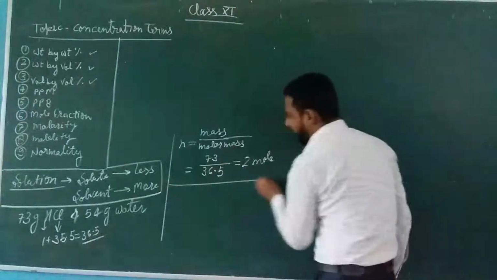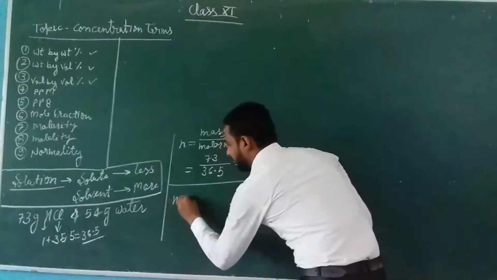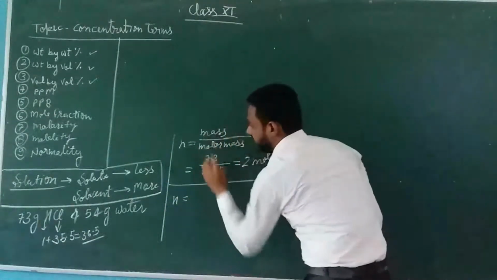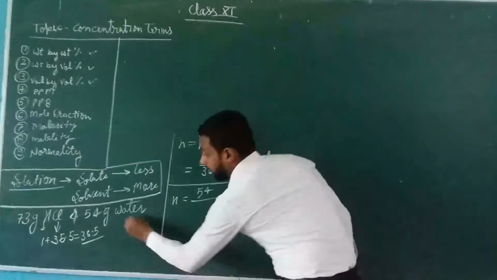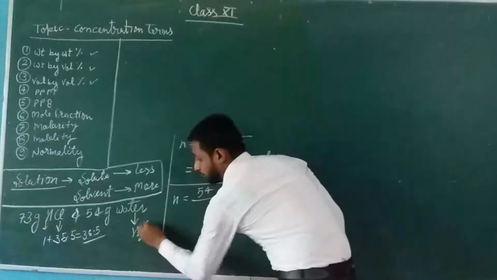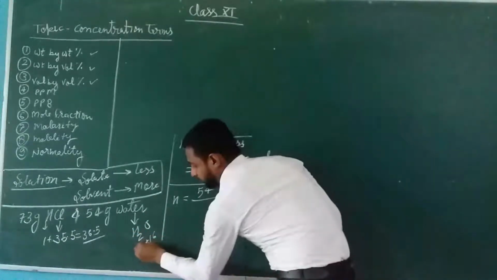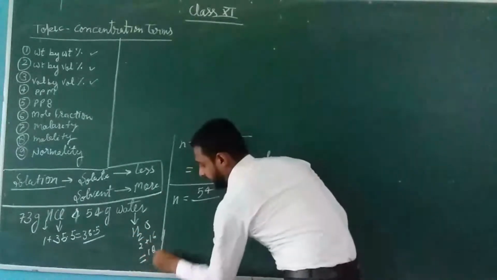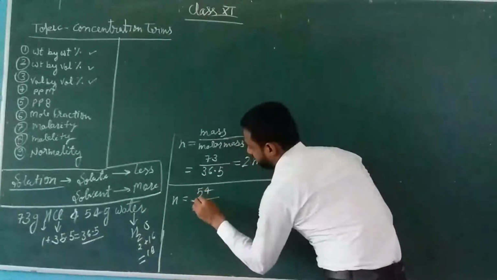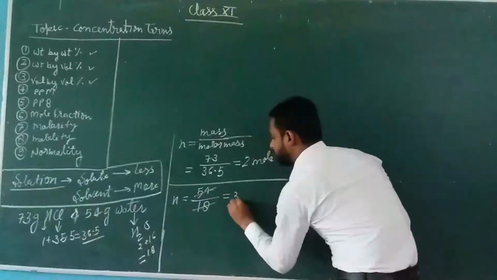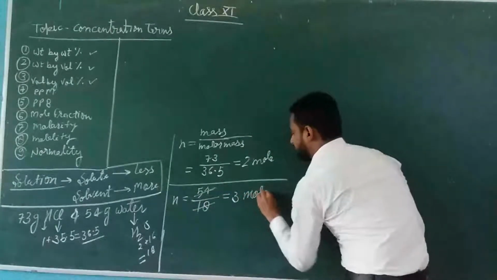And in case of water, the mass given is 54 and the molar mass of water, that is H2O, is 16 plus 2, equal to 18. So here 3 moles of water is present.